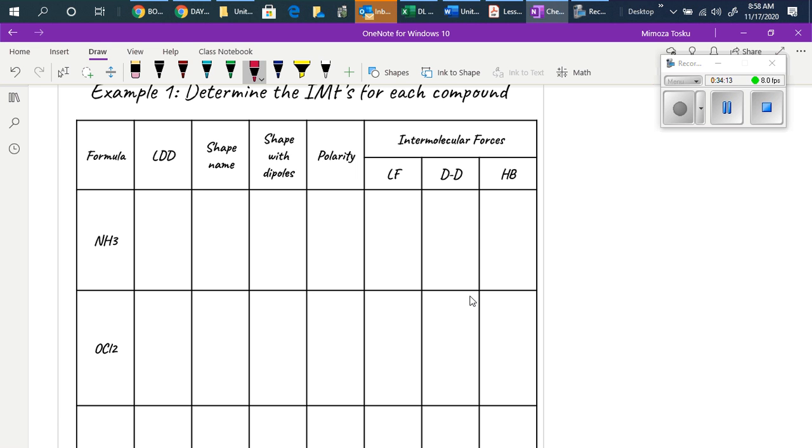Okay, so let's see, the first one is the Lewis dot diagram for this compound. What we have is nitrogen at the top, and then we have hydrogen here, hydrogen here, hydrogen here, and then we have 2 electrons as a lone pair. The shape, based on what we have said even before, is a triangular pyramid.